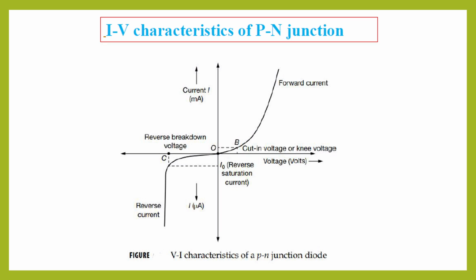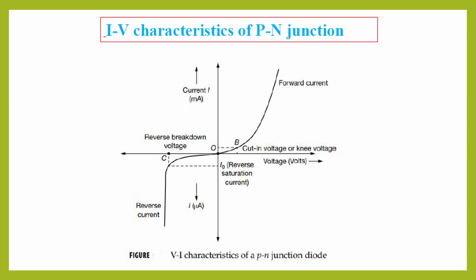So where do we use PN junction diodes? They are used in rectifiers to convert AC to DC power supply, especially in mobile chargers. They are used as switches in digital logic circuits such as AND, OR and NOT gates. They are used in clipping and clamping circuits to shape or shift voltage signals.